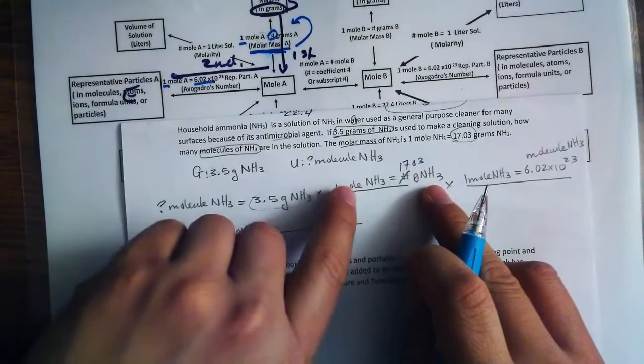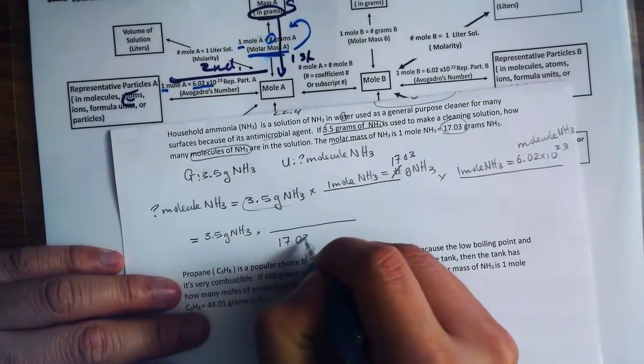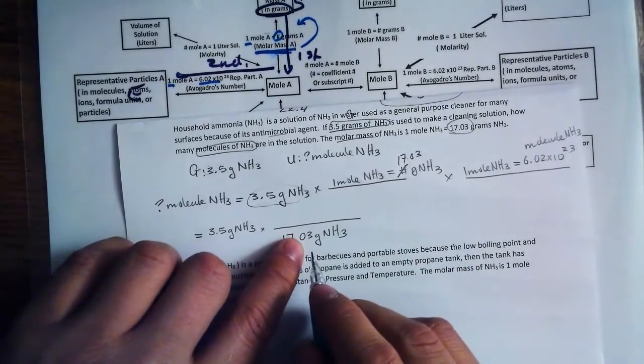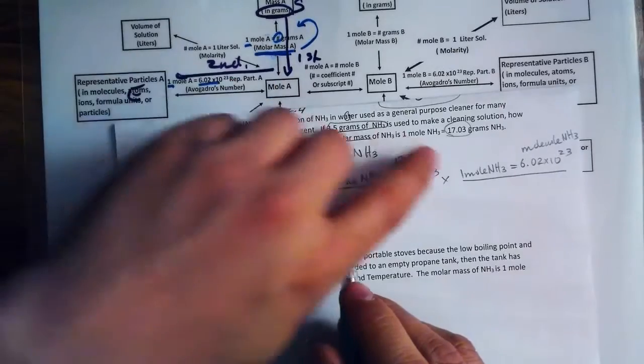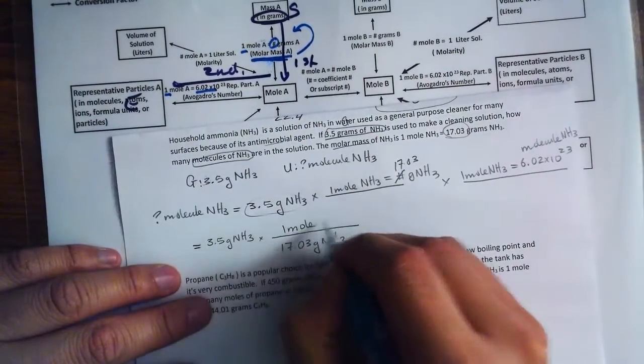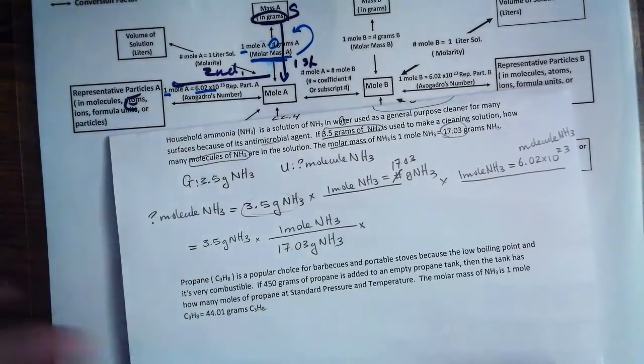So grams over here and moles over here. In this case, that is 17.03 grams of ammonia. Where do I get that 17.03 again? It's from the molar mass given to us right there. And on the top part is 1 mole of NH3. There you go. We are done with that conversion factor.